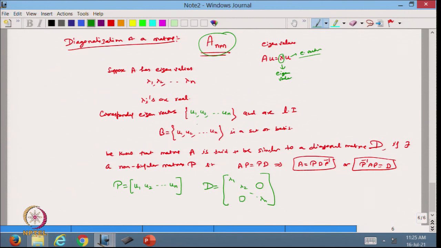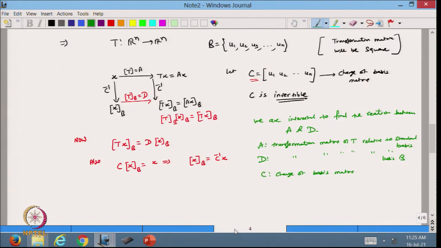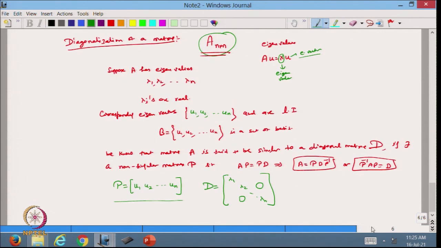So, I have constructed using these eigenvectors a matrix P which is invertible, and then from the concept of similar matrix we have shown that this matrix A is similar to the matrix D. So, how can I find the matrix P? P is the matrix made up of eigenvectors. Now, from this we are able to see that P inverse A P is equal to D.